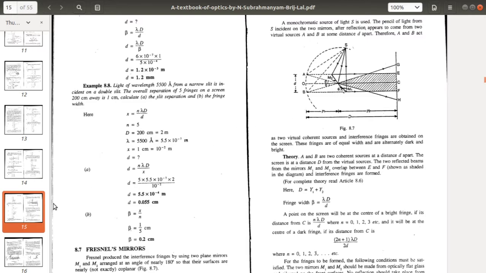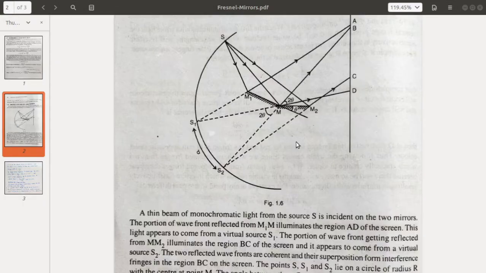I can show you an exaggerated figure of this so that you can understand exactly what the arrangement is. In this book this angle is not that clear, so I will show you another picture to show you the angle or the arrangement.